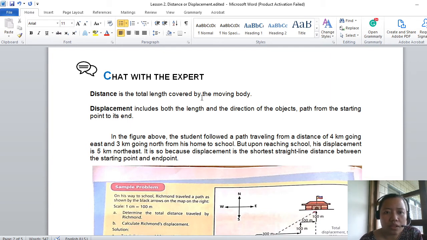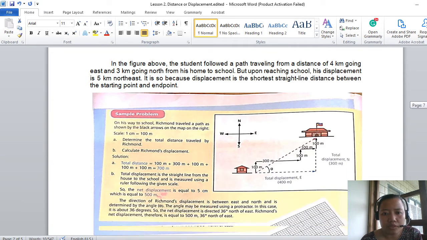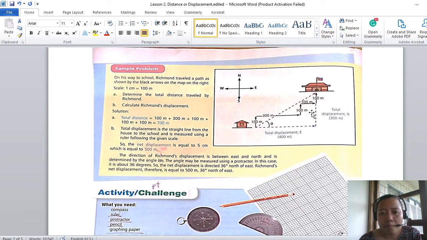Distance is the total length covered by the moving body. And displacement includes length and the direction of the object's path from starting point to the end point. So in here, a best illustration is Richmond traveled a path as shown by the black arrow.